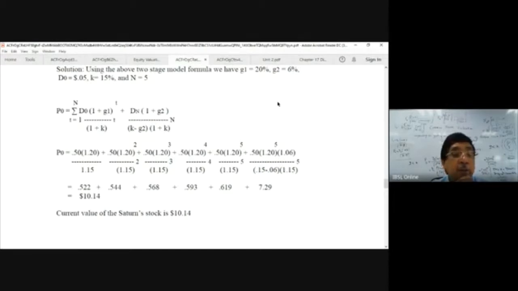Any problem here? This is a situation where the growth rate is higher than the required rate of return. So you are not in a position to apply the one-stage dividend model.